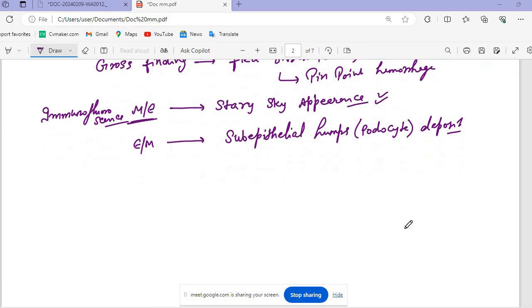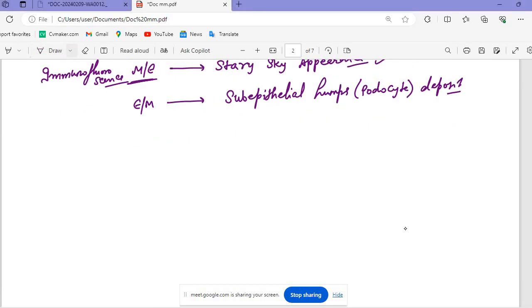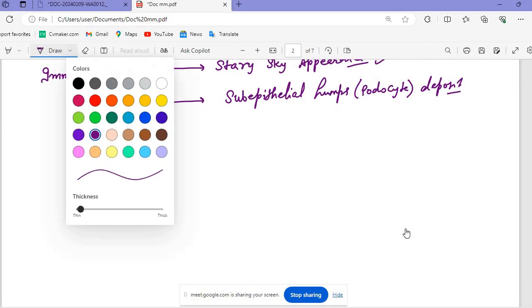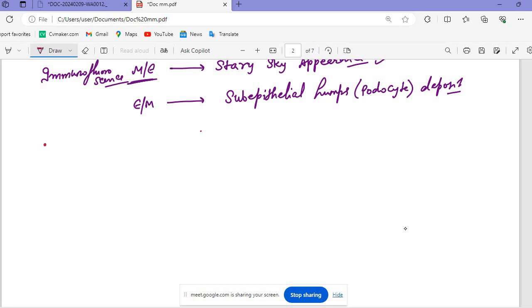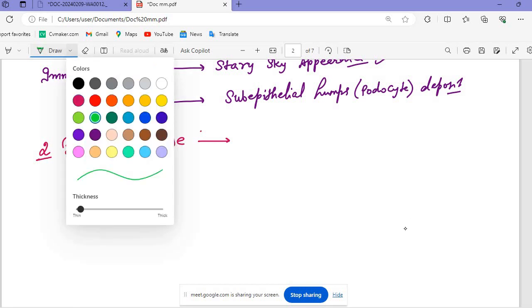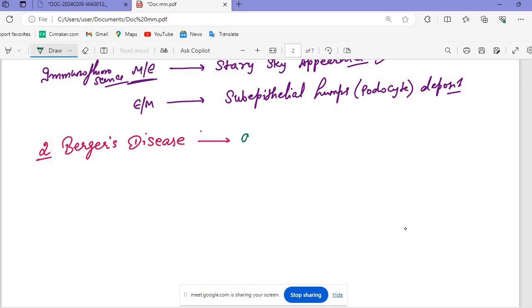Now the next disease we have is Berger's disease. Again, it is a nephritic syndrome. Berger's disease is also known as IgA nephropathy.